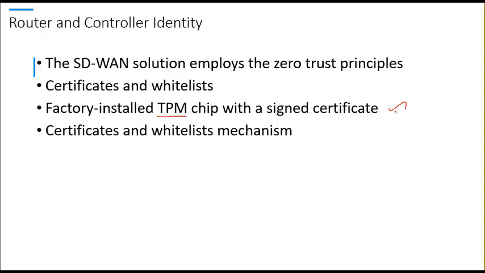So this helps to authenticate the newly added vEdge routers to join the SD-WAN overlay. Every WAN edge router is uniquely identified with the chassis ID, certificate, and the serial number.